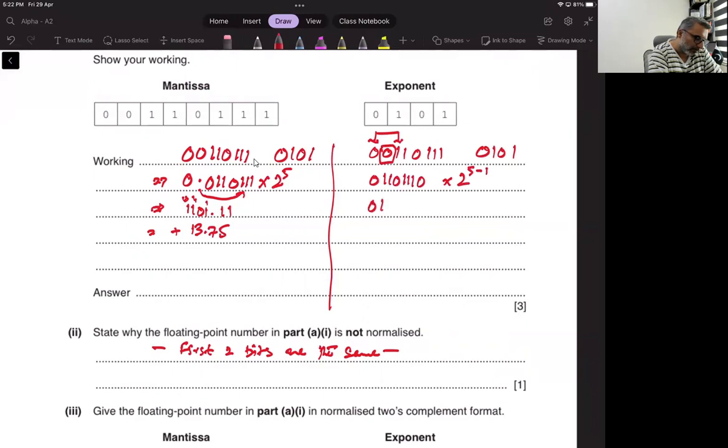So this will become 0.11011 into 2 to power 4. So the point will now travel from here 4 places down. So this will become 110.11. So you see, they both are the same. So this will be plus 13.75.